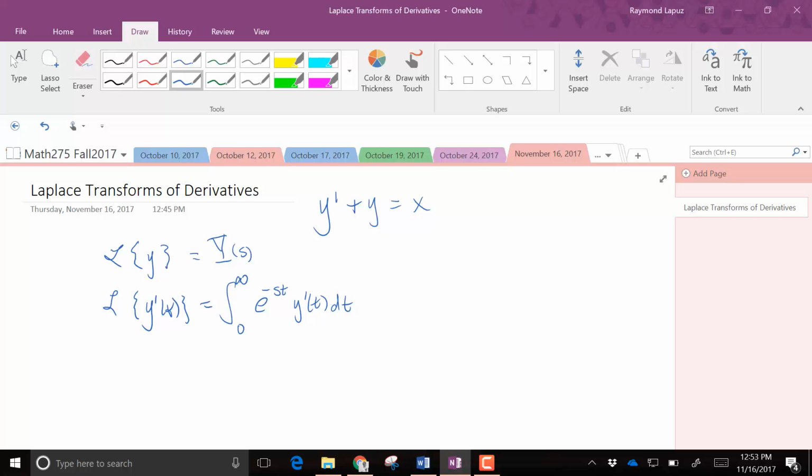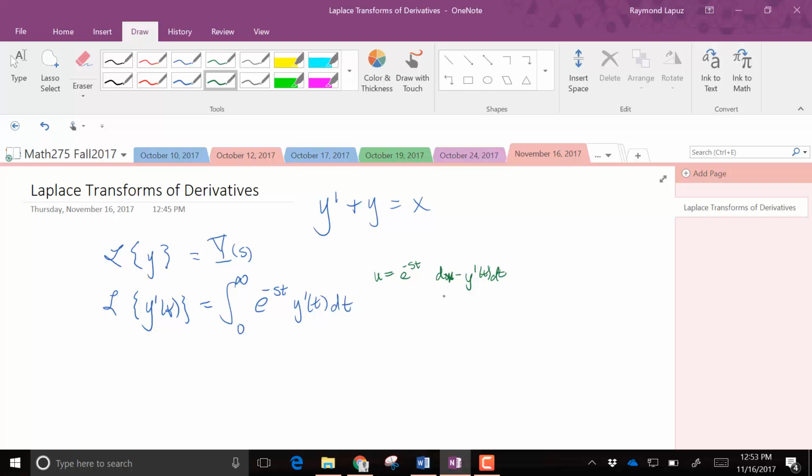integration by parts. So if we do integration by parts, we're going to let u equal e to the minus st, the one I'm going to need to take the derivative of, and then dv equals y prime of t dt.